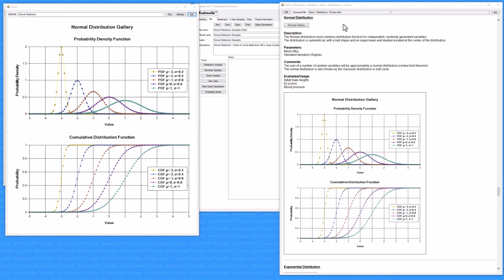The sum of a number of random variables will be approximately a normal distribution. This is the central limit theorem. The normal distribution is also known as the Gaussian distribution or bell curve. This distribution is used to model adult male heights, IQ scores, and blood pressure.